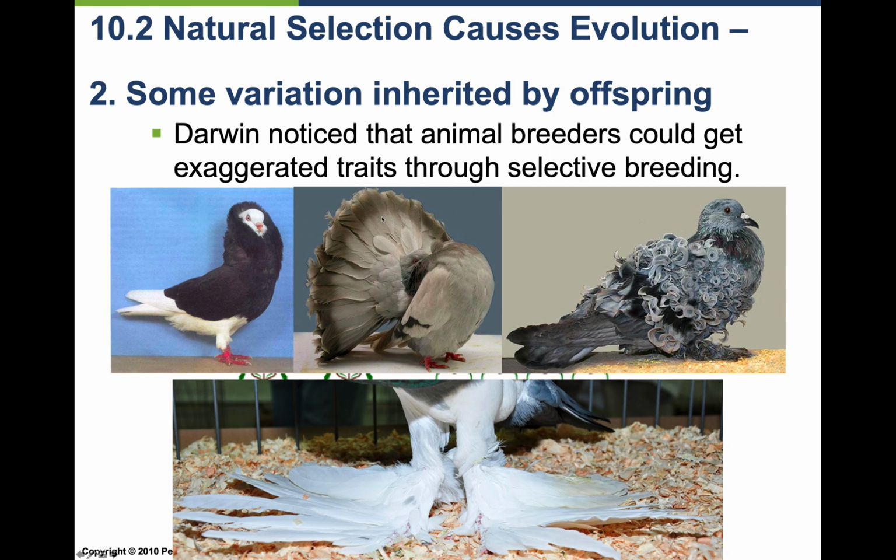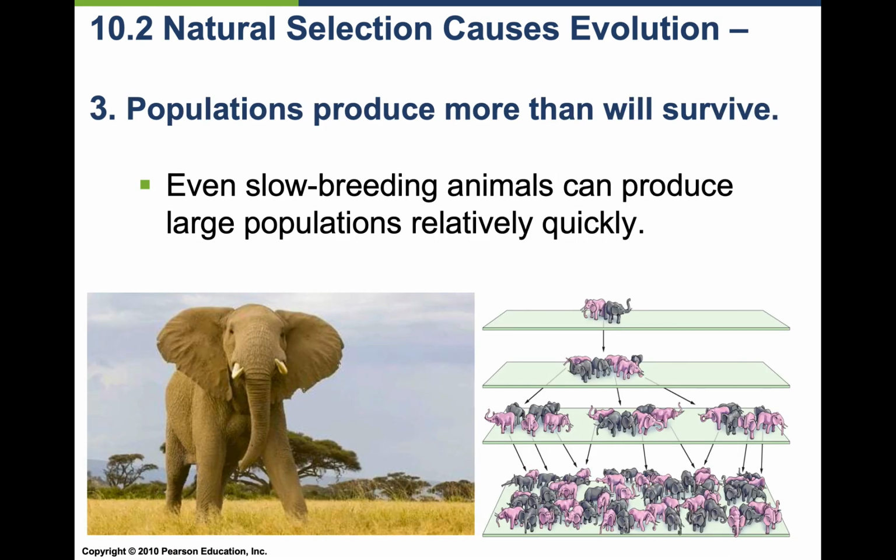Now these pigeons are all the same species, but there are traits within those species that breeders have brought out. So you have the fantail, you have the hood, the feathered feet, and even something crazy going on here that I don't know what to call it, some sort of curled feather frizz type thing. All of these were brought about by the fact that the variation is very often inheritable by the offspring.